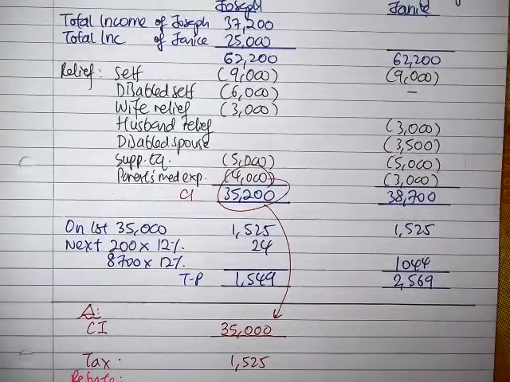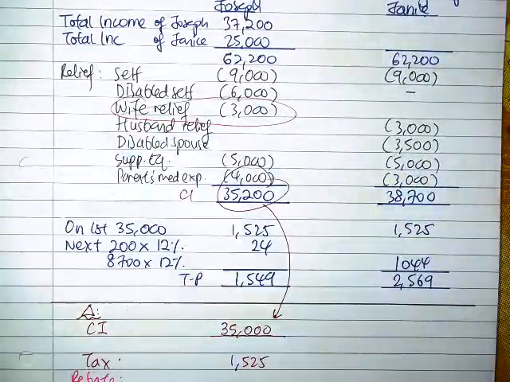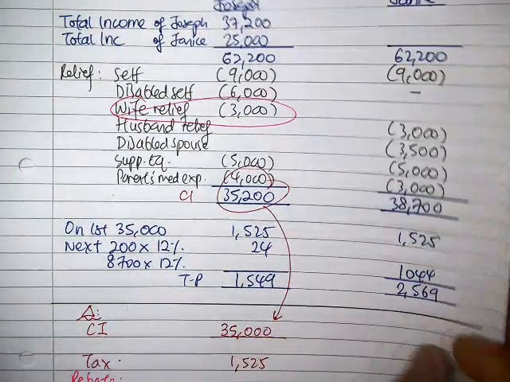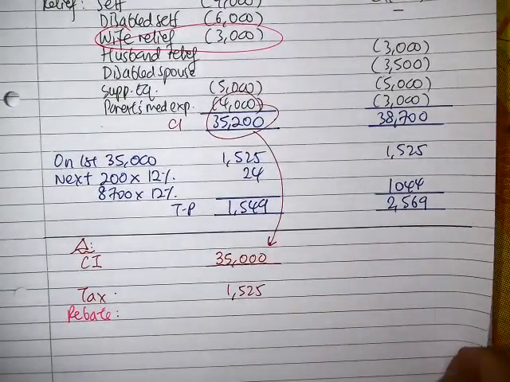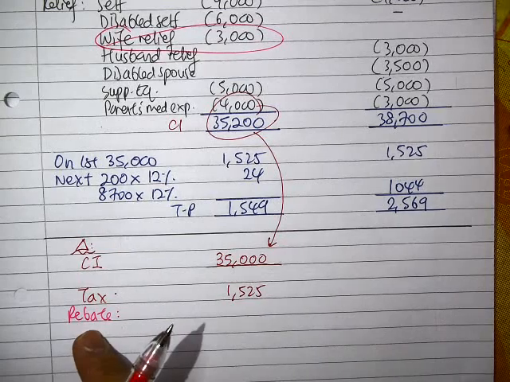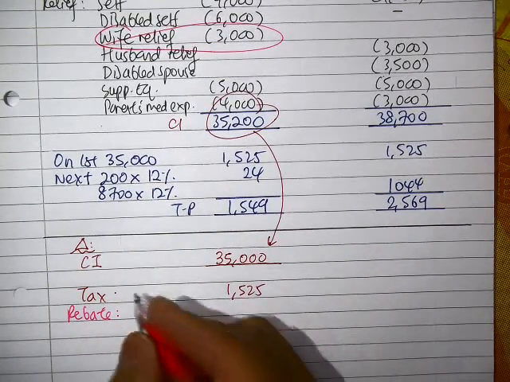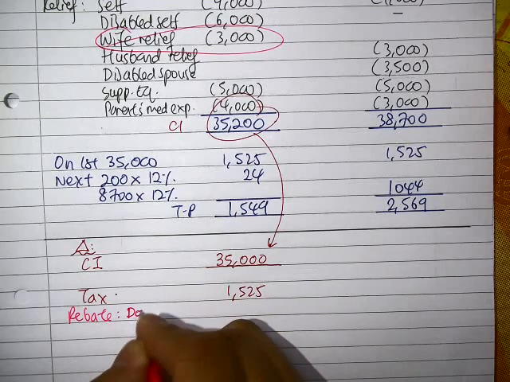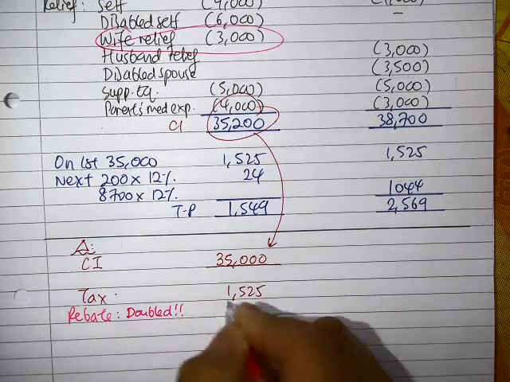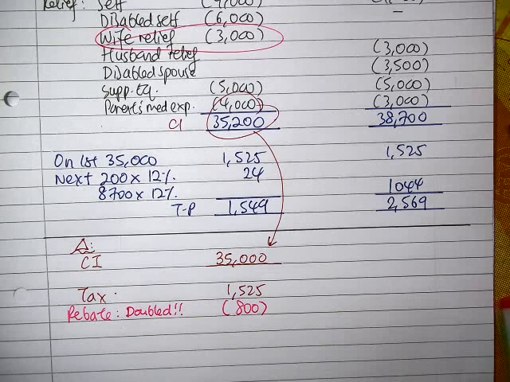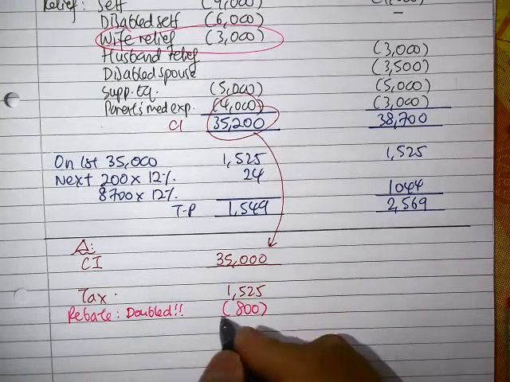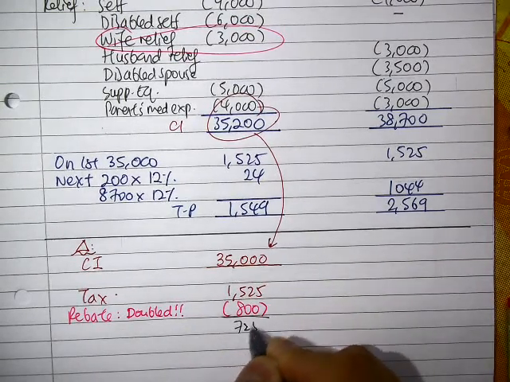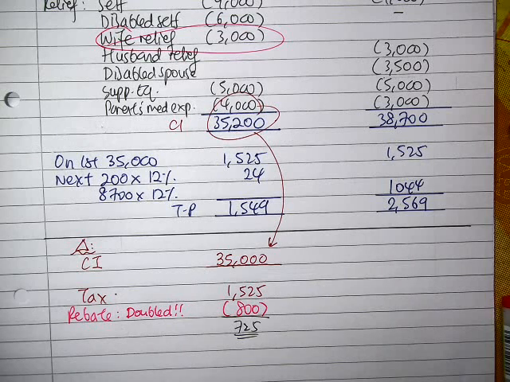Your tax will be 1,525. Now you're aware that if the chargeable income does not exceed 35,000, you're going to get rebate. It's just exactly 35,000. This is exactly what you saw just now, where a rebate of 400 is given because it does not exceed 35,000.